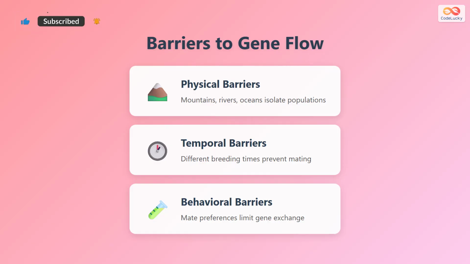Behavioral barriers involve mate preferences and courtship rituals. If organisms from different populations don't recognize each other as suitable mates or have incompatible mating behaviors, gene exchange won't occur. These barriers can lead to reproductive isolation, which is the first step toward the formation of new species.